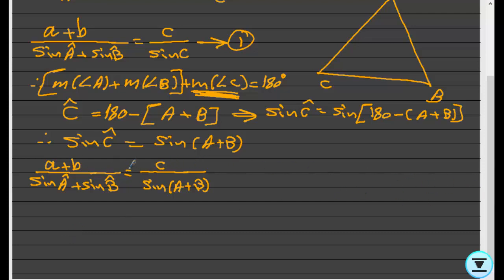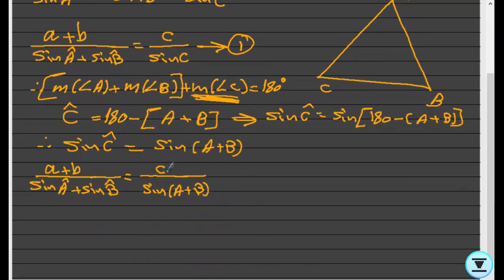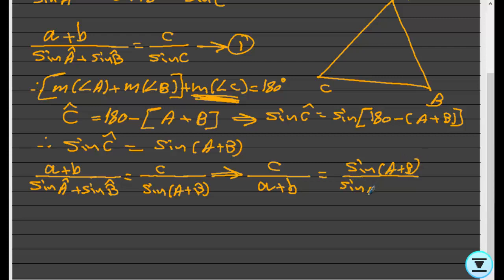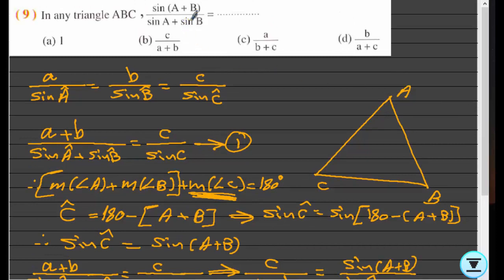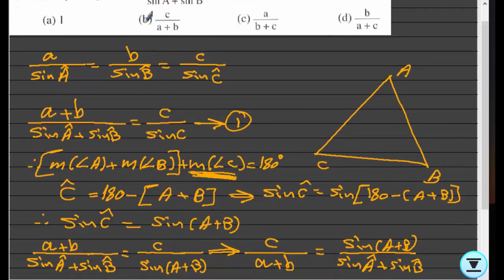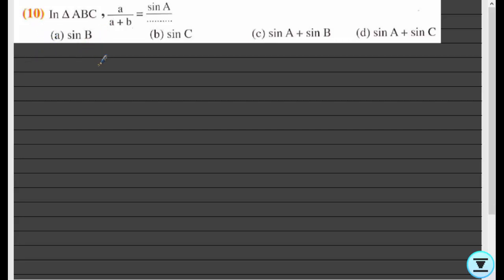We can say, I find the relation here, that c over a plus b equals sine (A plus B) over sine A plus sine B. So here, the required is to find sine (A plus B) over sine A plus sine B, and we deduce that it is equal to c over a plus b, and we choose letter B. Letter B.